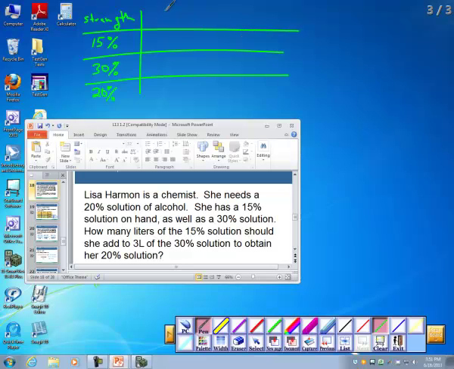And liters. She needs 20%, so that's what we're going to end up with.